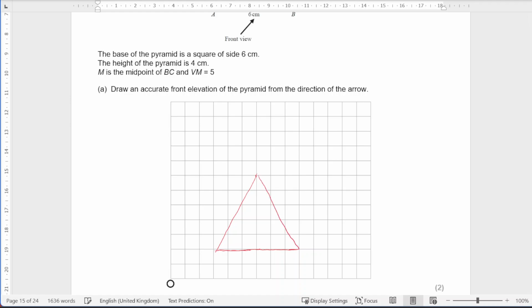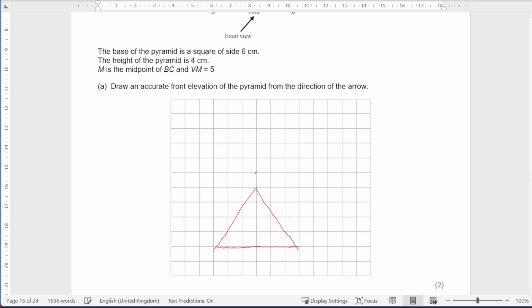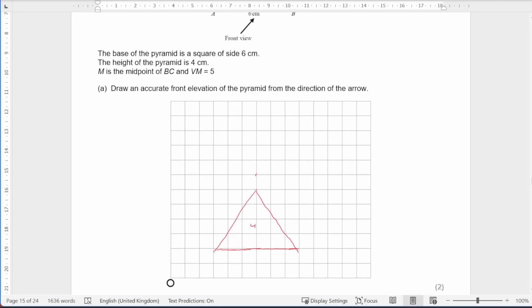And I think I've just gone wrong. That should have been a height of 4. So the vertical height was 4. So that would be my front elevation.